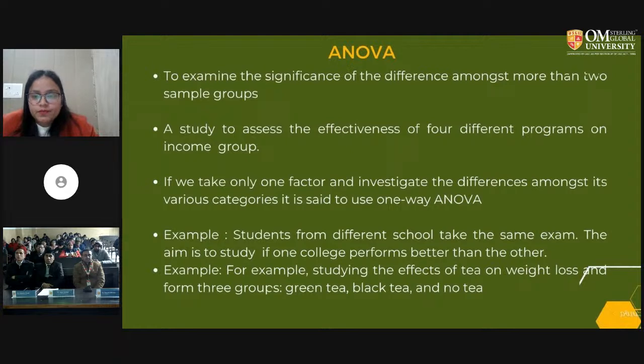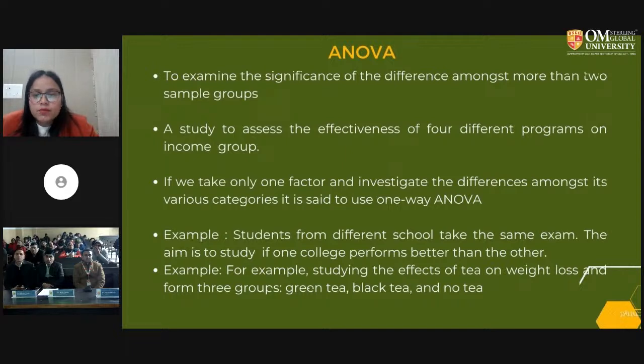For example, we want to assess the effectiveness of four different programs on the income group of the people or income group that we have created. So basically, we have four different programs or four different sample groups which are available to us. So because the variables or sample groups are more than two, we can apply ANOVA here.